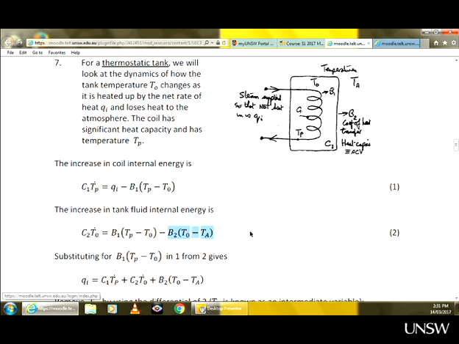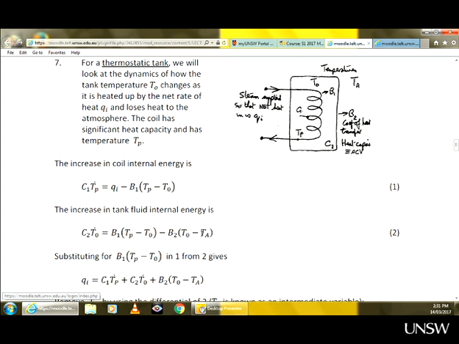So we have two equations. How many variables do we have? We have TP, TO, and TA. Sorry, TP is a variable, that's the temperature inside the coil. TO is the temperature of water, that is a variable. And QI is our input. That's three variables.